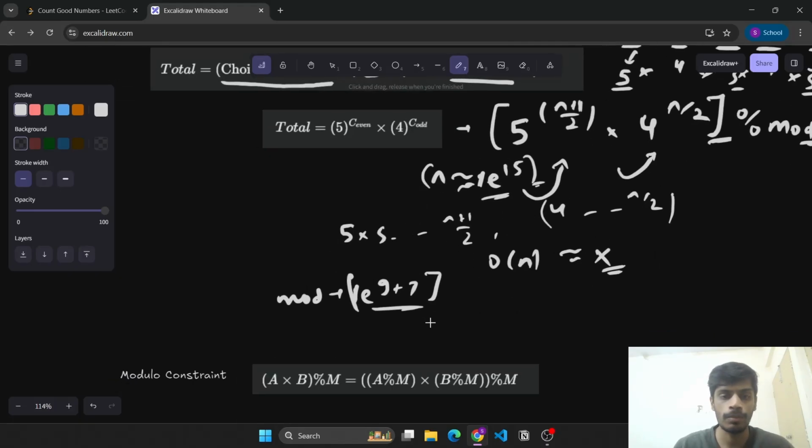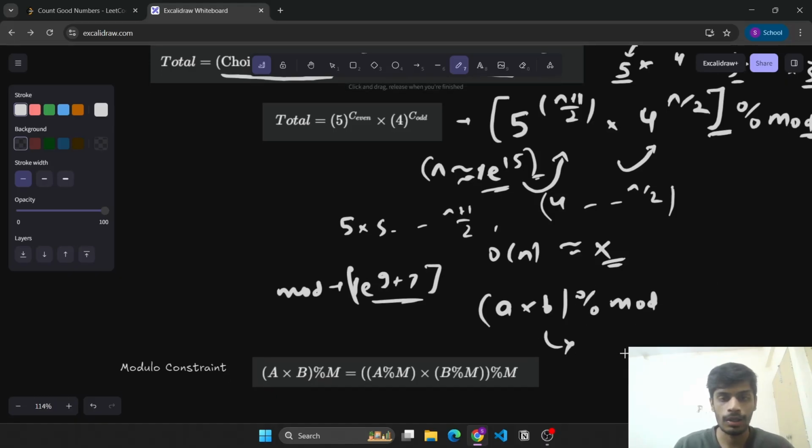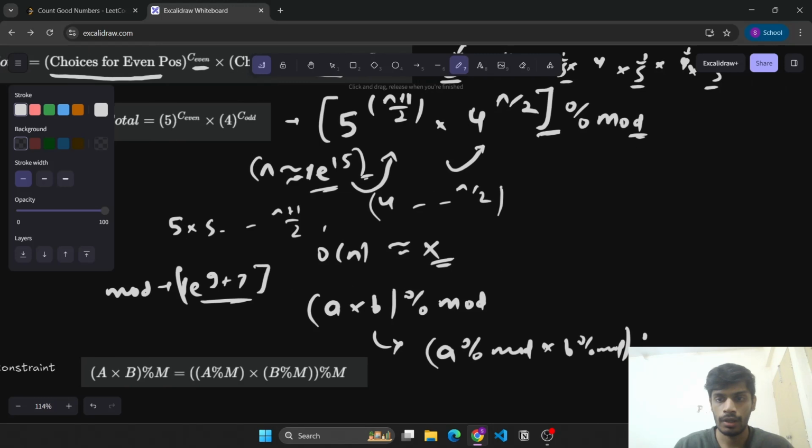So here, for example, if we have the product of two numbers and we need to take it modulo a particular mod, this is a pre-derived formula. We can write it as (a mod MOD times b mod MOD) and then the overall mod, right?